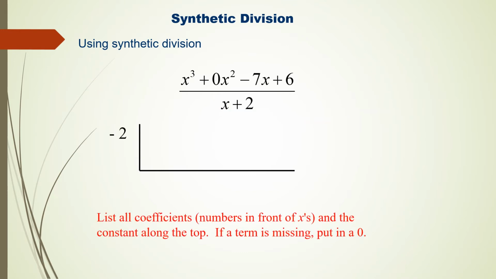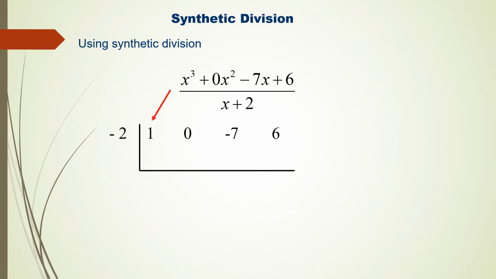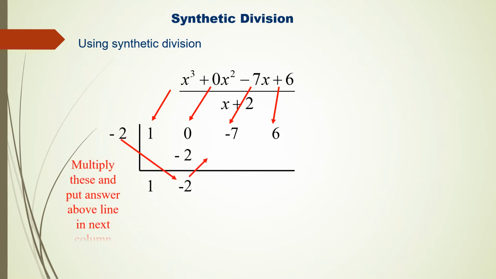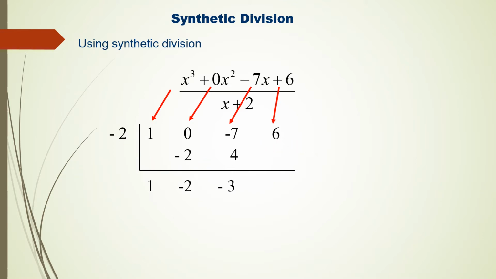And then, list all the coefficients. So, we have 1, 0, negative 7, 6. And then, bring down 1, times negative 2 is negative 2, plus 0 is negative 2, times negative 2 is 4, minus 7 is negative 3, times negative 2 is 6, plus 6 is 12.